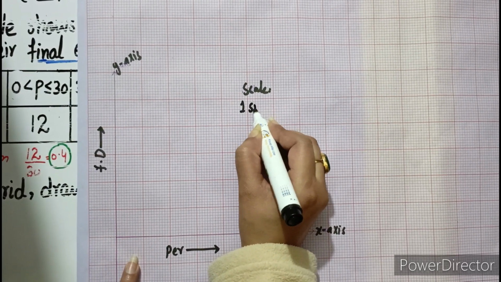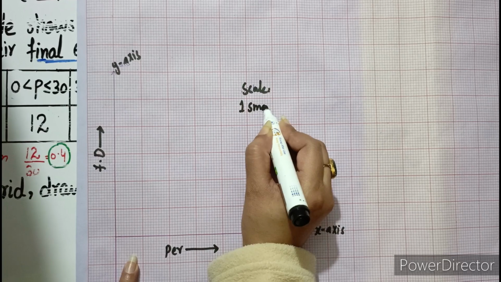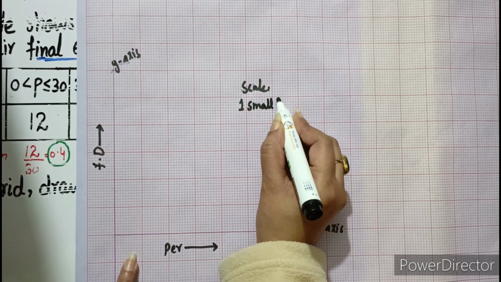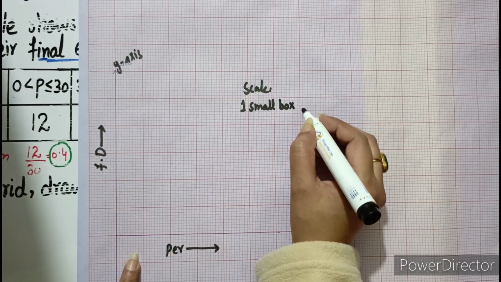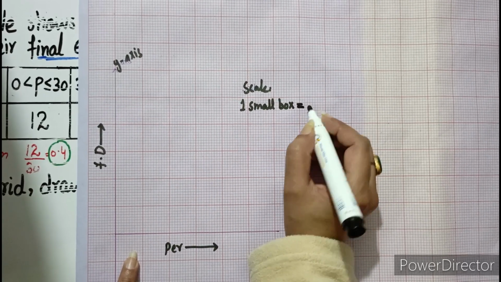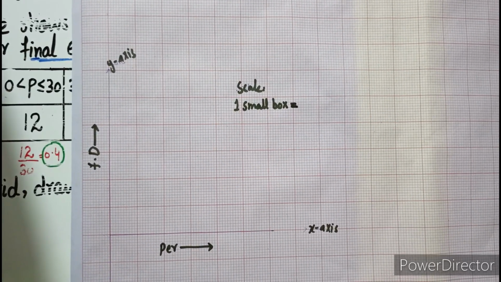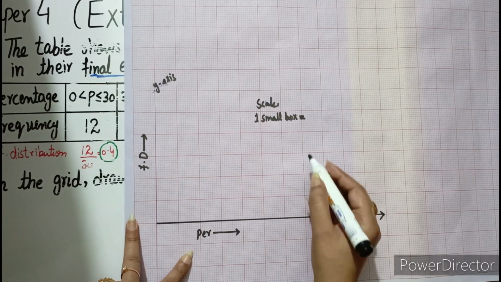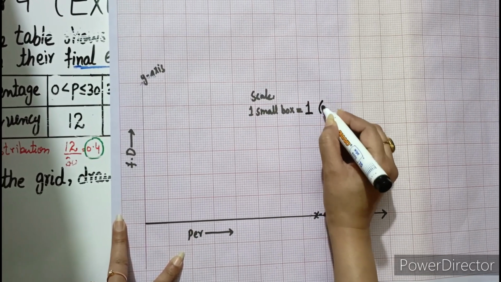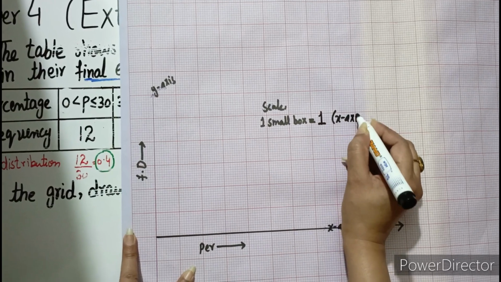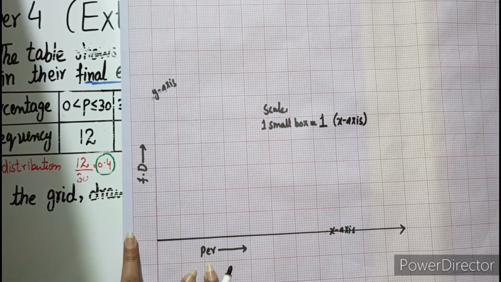One small box is equal to 1. This is for the x-axis, which is the percentage axis.